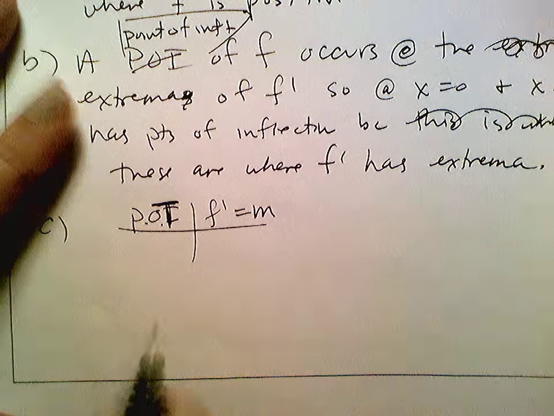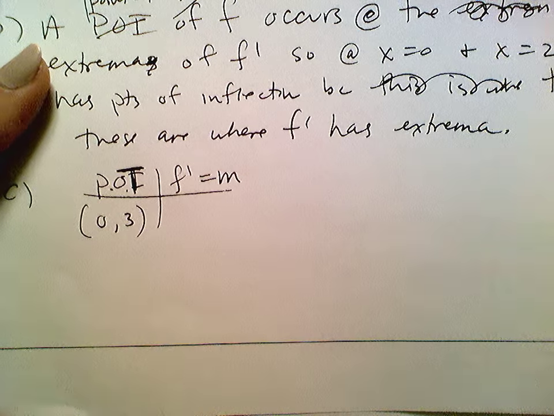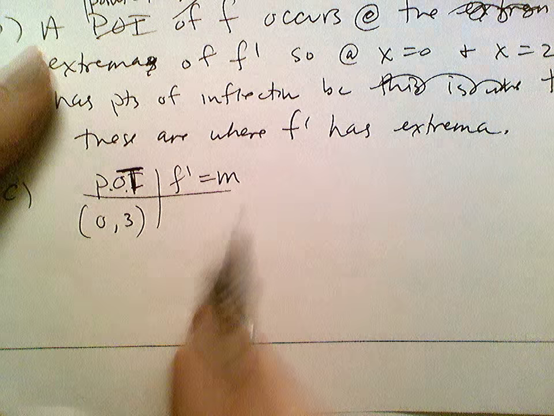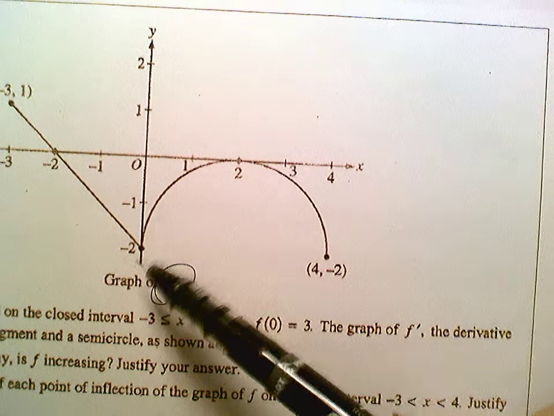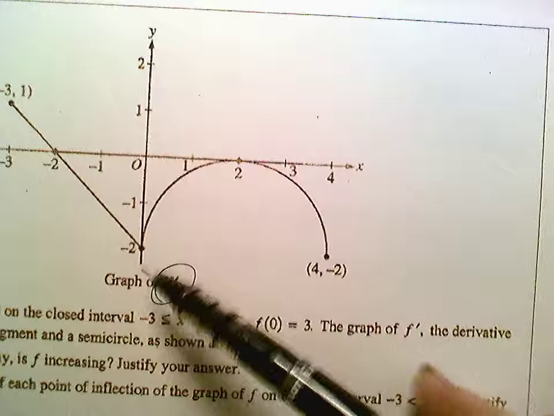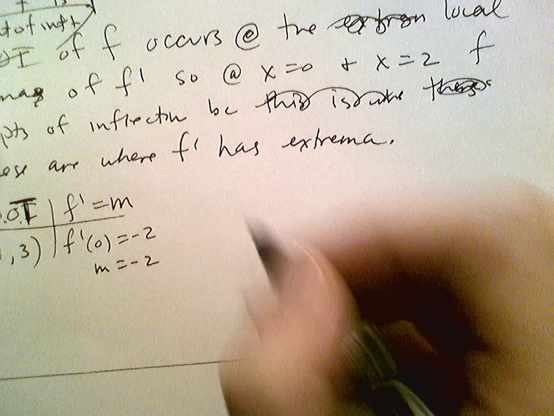They want this tangent line at this point, and then I just need the derivative at 0. Well, this is the derivative graph, and its output at 0 is -2, so the slope m is equal to -2.